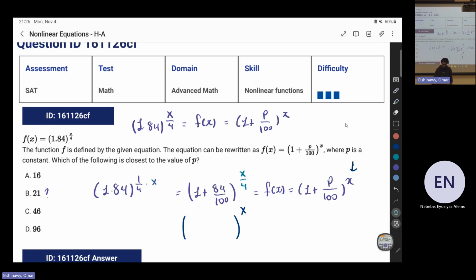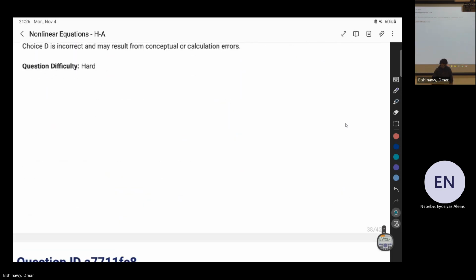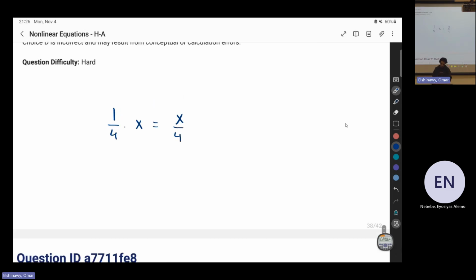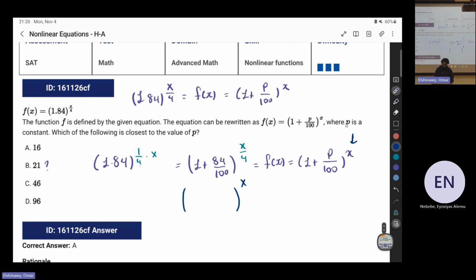I just write the full fraction showing where. 1 over 4 times x is 1/4 of x, so it is x over 4.